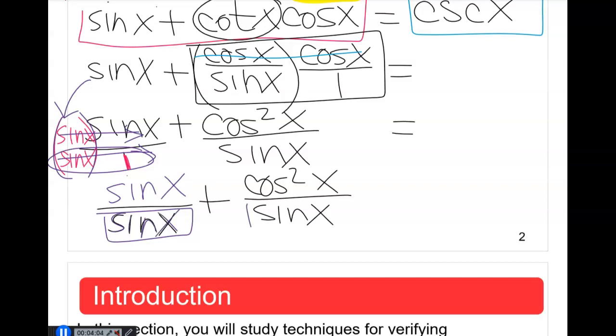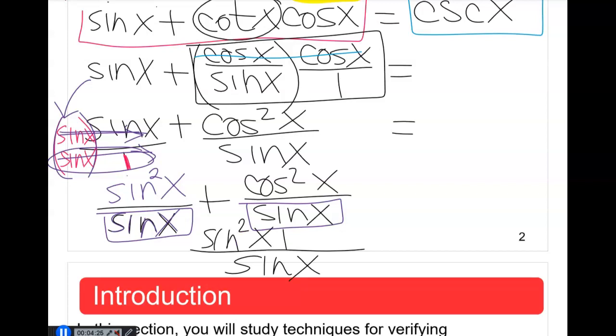So now that they have the same denominator, I can go ahead and add them. And actually, I just realized that I'm missing: sine x times sine x should be sine squared x. So now they have the same denominator, so I can put them both under one fraction.